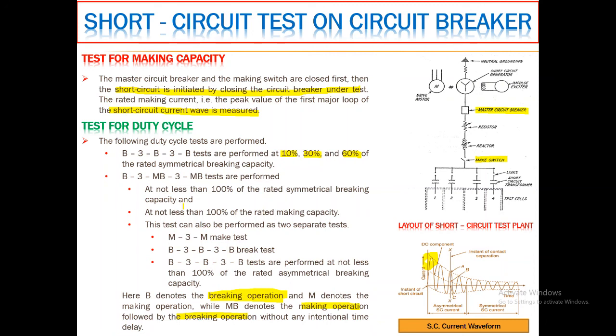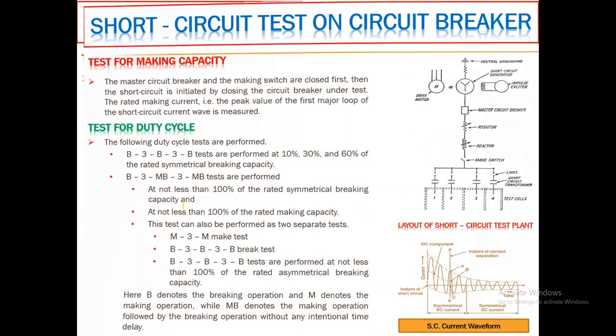This is how the test for the duty cycle is conducted on the circuit breaker. Generally, the short circuit test, or direct test, can give a brief idea related to the specifications of the circuit breaker. So this is about the short circuit test on circuit breakers.